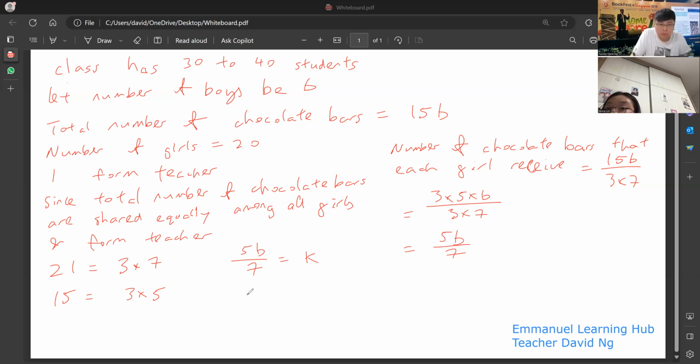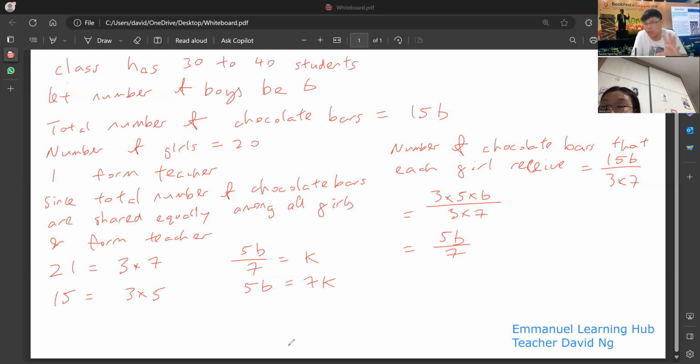From this, you can guess that B must be 7 in order for K to be 5. You get what I mean? Because it has to be a prime number.